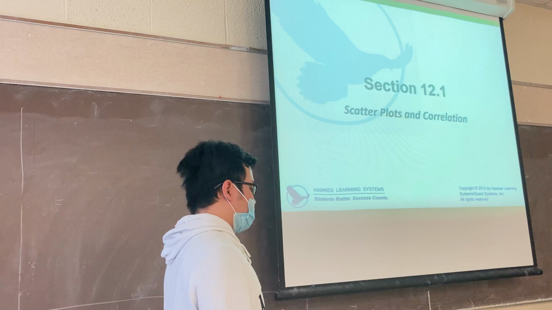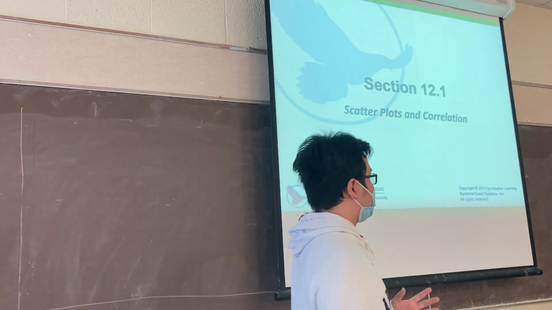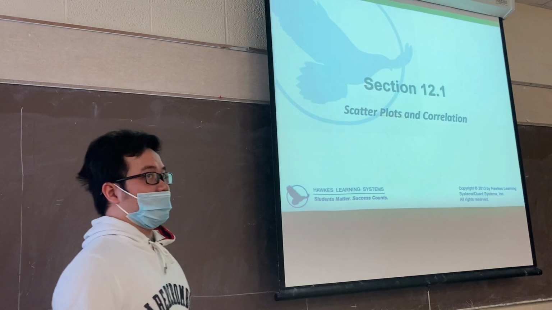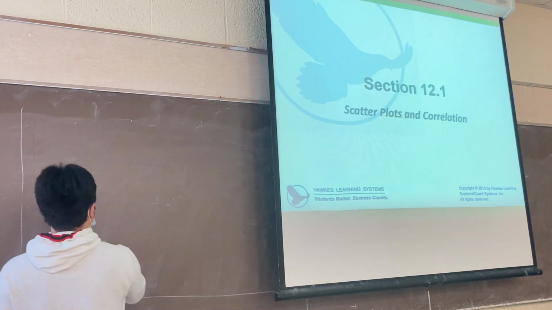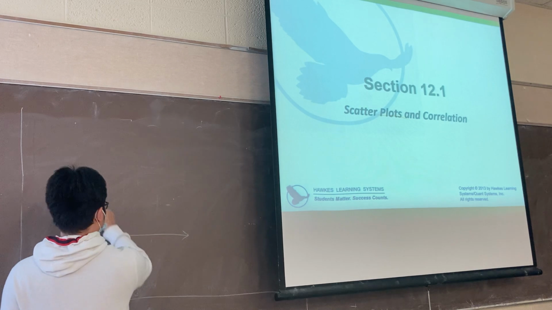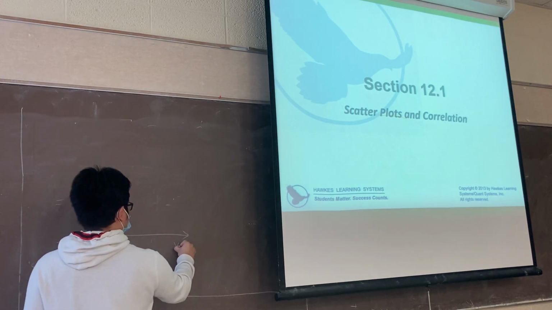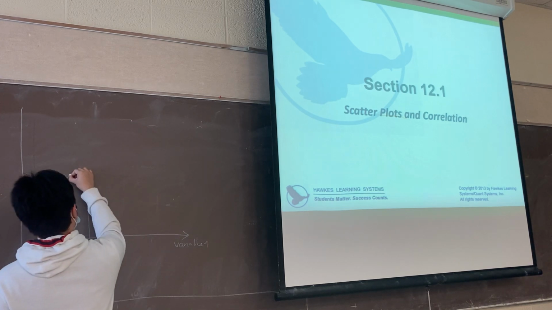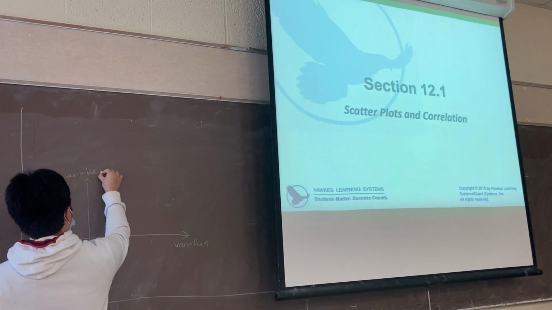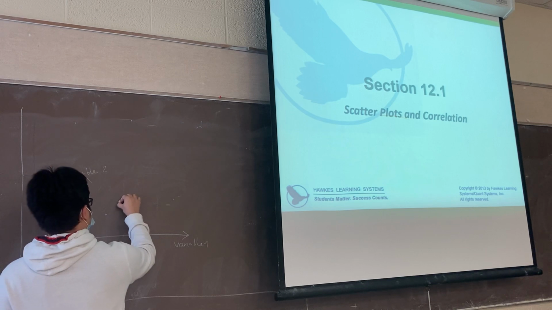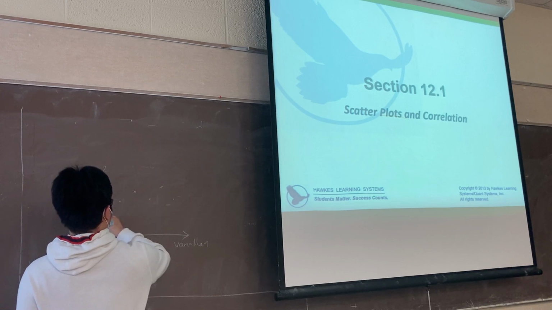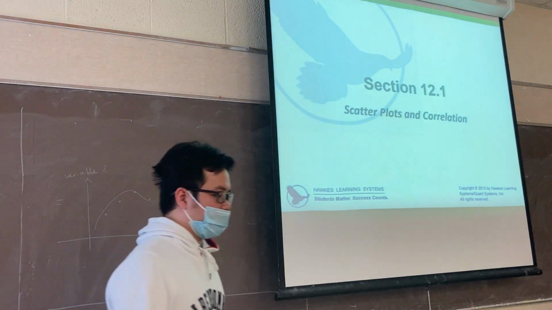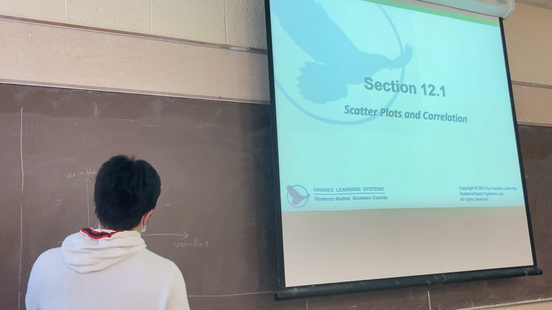Sometimes we know the relationship between two characteristics by using a graph. We have two axes like this. This is variable 1, and this is variable 2. We have some information, and we have the graph like this, so we have the relationship between them.